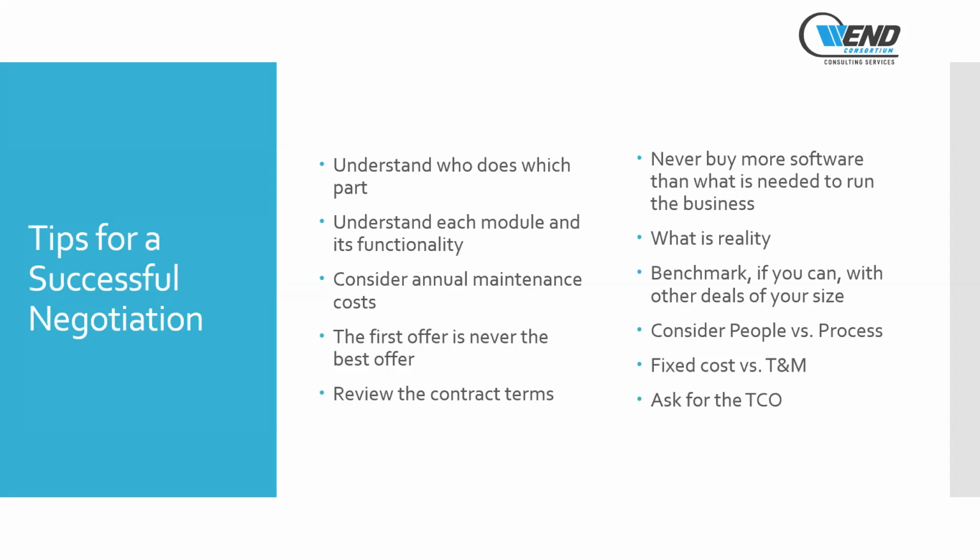Another great tip that we love to share is never buy more software than you need to run your business. It's a common pitfall when you see features and functionalities and you go, oh, I really like that, I definitely want to do that, or I want to start tracking fixed assets in my system. But in reality, do we really have time right now to do that?